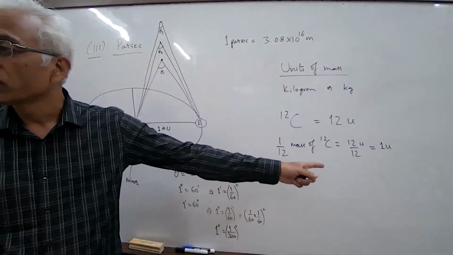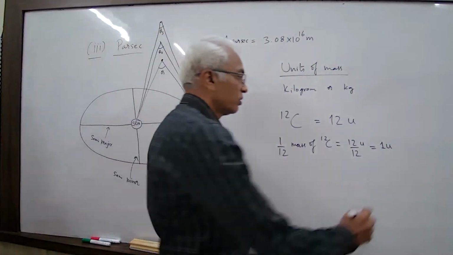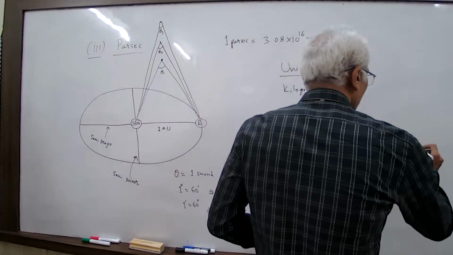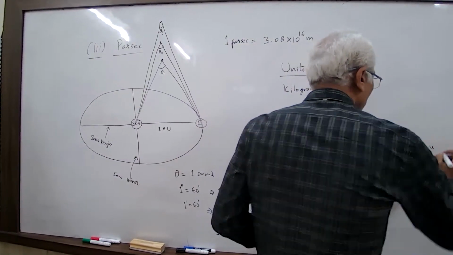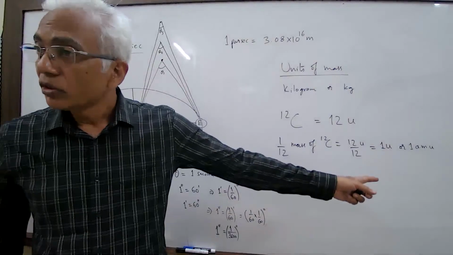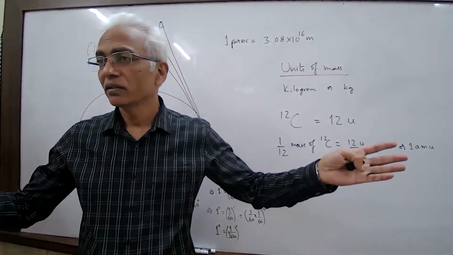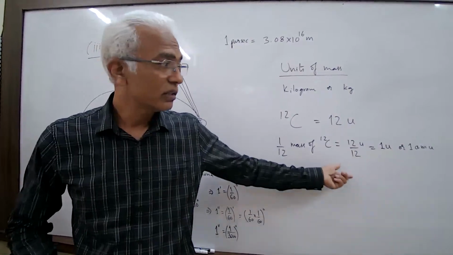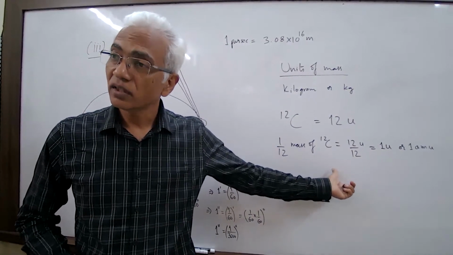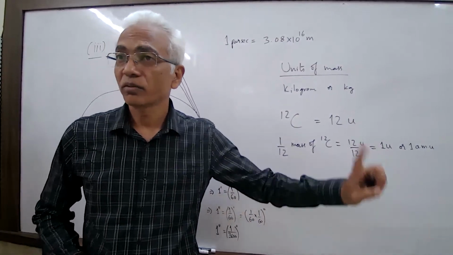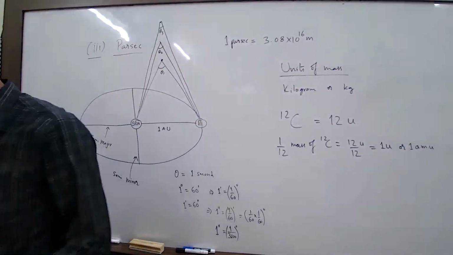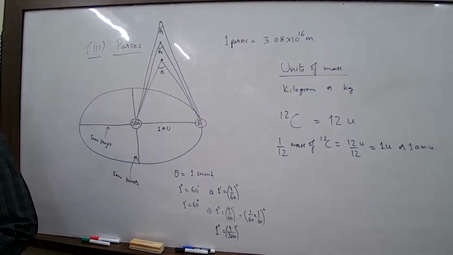So 1 atomic mass unit is 1 u. This is how the atomic mass unit is defined. Because carbon is very abundant in nature, that's why we have taken carbon as the standard atom to define atomic mass. Is that clear? You're going to learn a lot about it in chemistry.